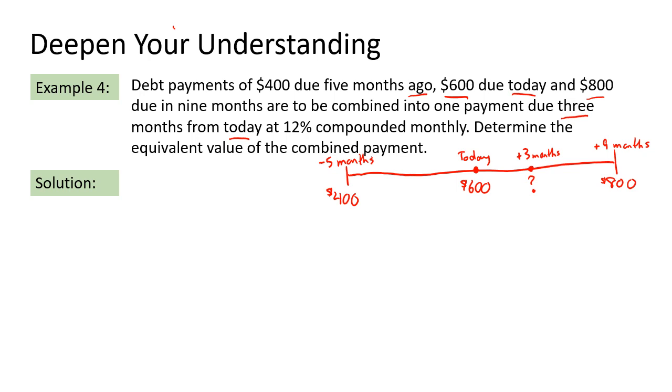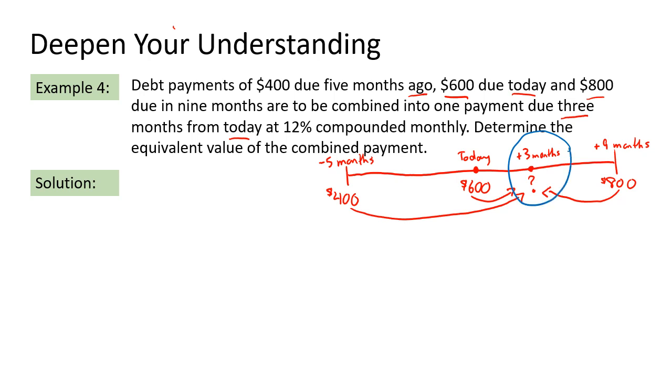Your first payment that was due 5 months in the past, you have to move that one forward, so you're finding a future value for it. Your second payment today of $600, again, you're moving it forward 3 months, so that's a future value. And your last payment of $800 hasn't been due yet. It's due in 9 months, so you're moving it back 6 months in order to place it at the period of time that the question is looking at.